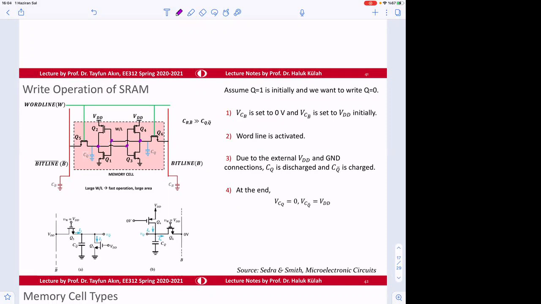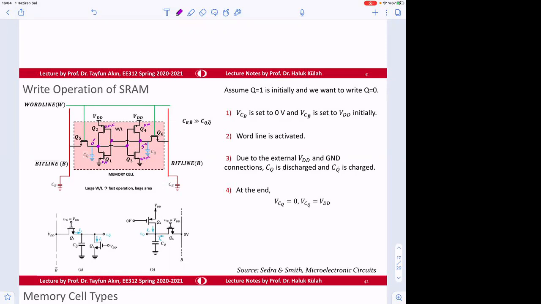Let's say initially there is 5 volt here, and again 0 volt here. So they support each other. So this one is off, and this one is on, and then this one is off. This one is on.